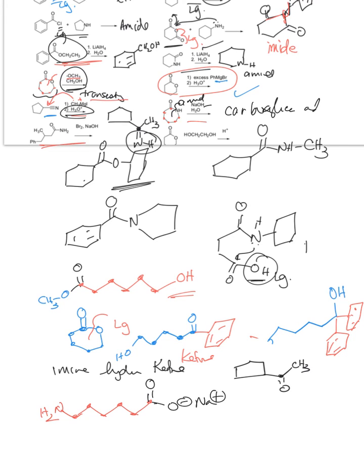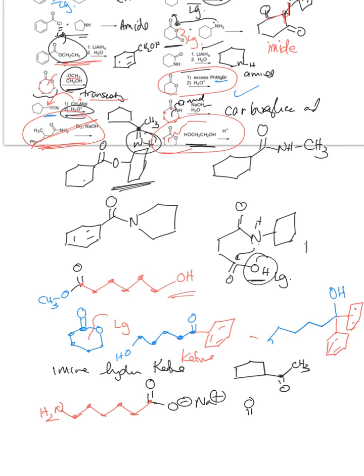Okay, so the next one we have here, I think we're doing this one, and you can skip this one. This is really next chapter. And then this compound here would be like a transesterification. So once again, open up the ring here.